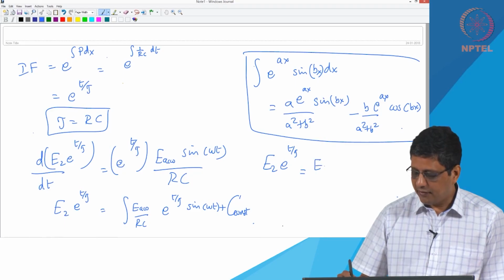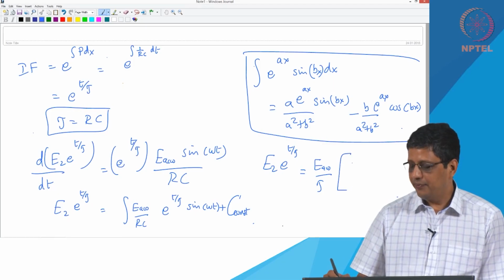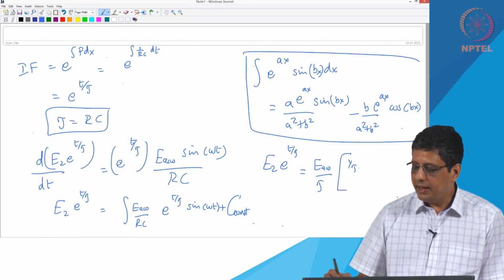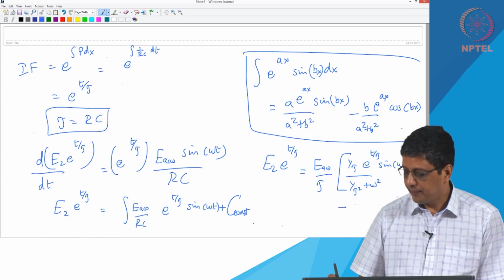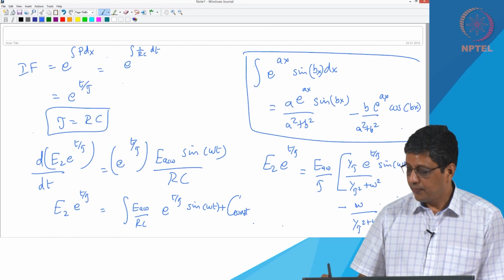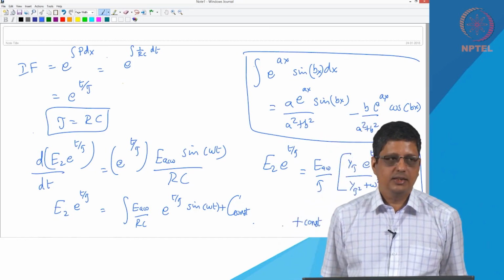On the right side I have a factor of EAC0 by tau, which is same as RC, and in addition I have 1 by tau as A, omega as B, and on top of all this I have an integration constant. It is little lengthy, but I do not think it is particularly difficult.